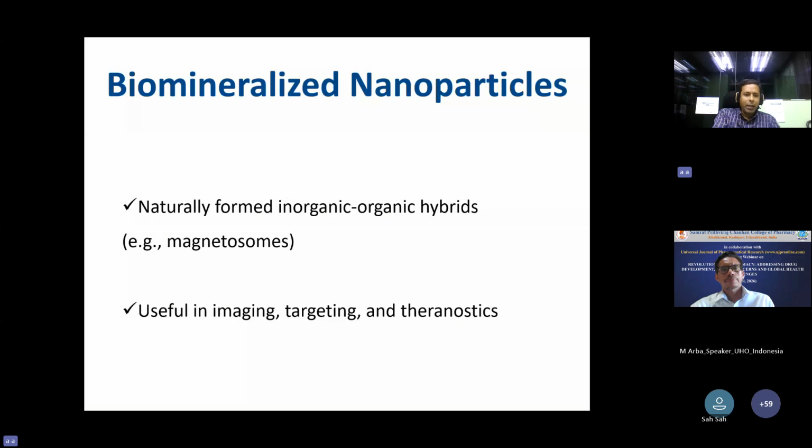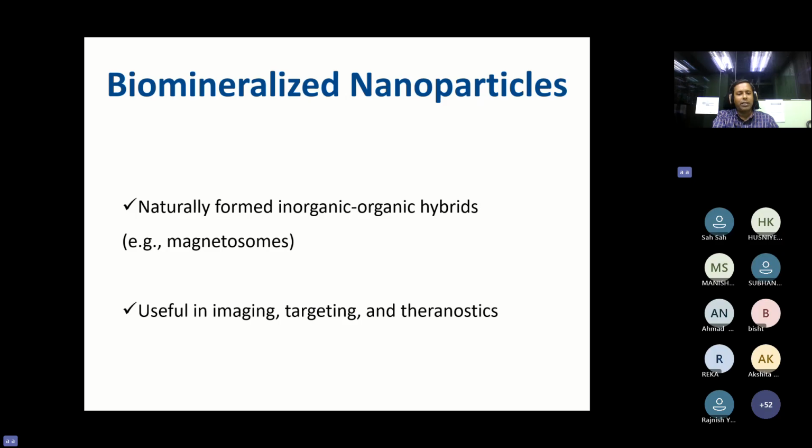Magnetosome is one of the biomineralized nanoparticles, and it is useful in imaging, for example MRI or other imaging technology, and in targeting and nanotheranostics for cancer treatment. So magnetosome can be used for theranostic purposes: it can deliver anti-cancer drugs and at the same time detect the cancer cells.